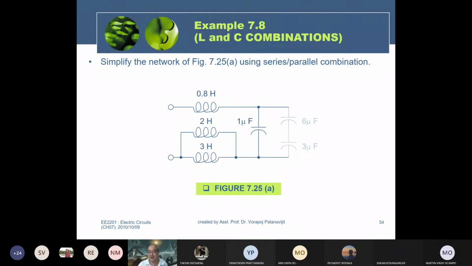Now, to help you understand, look at this circuit structure. It may have some resistors, inductors, or capacitors. We don't care; we check the circuit structure first. If it is in a suitable form, you can combine them. In this case, the 6 microfarad and 3 microfarad capacitors are connected in series.